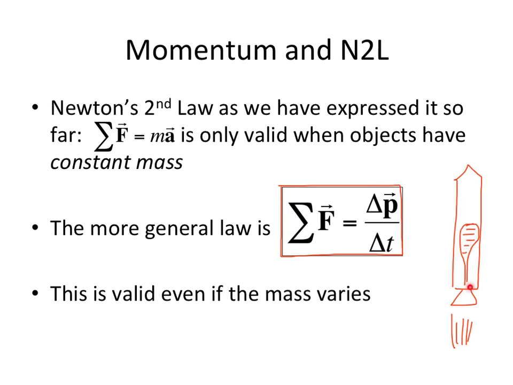So kind of a more general way to say Newton's law is really, we could say that since momentum is mass times velocity, m times the change in distance over time, we can say that that's really ma because we have this delta t in the denominator right here.